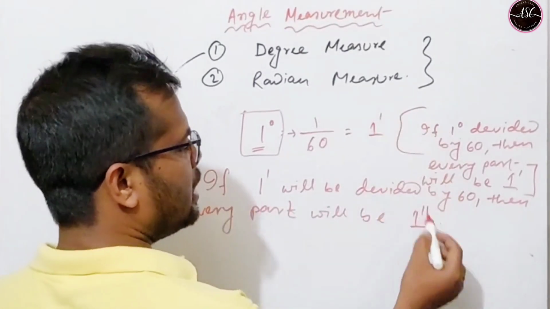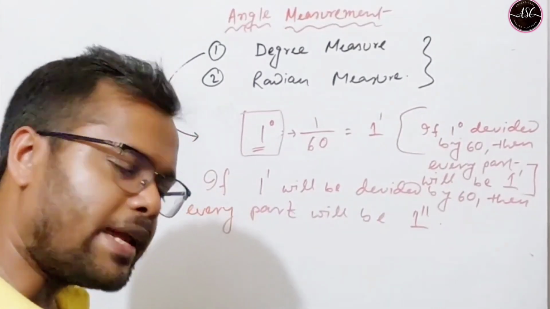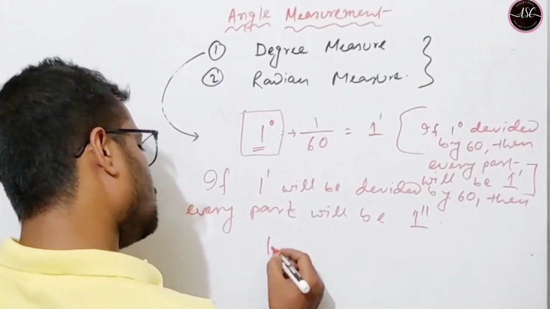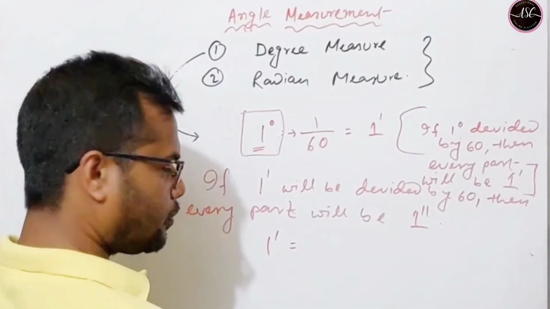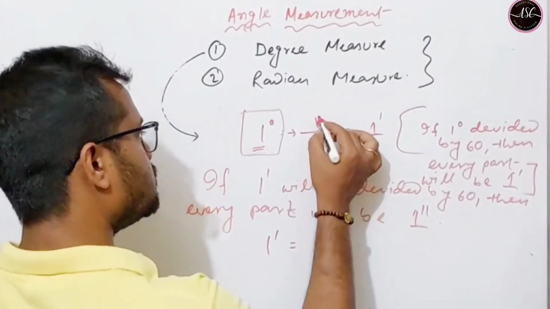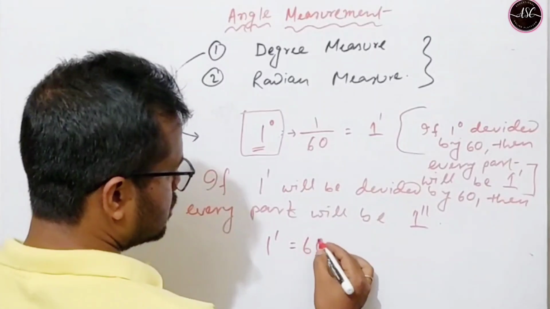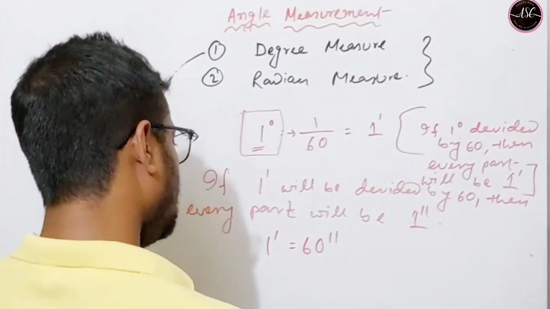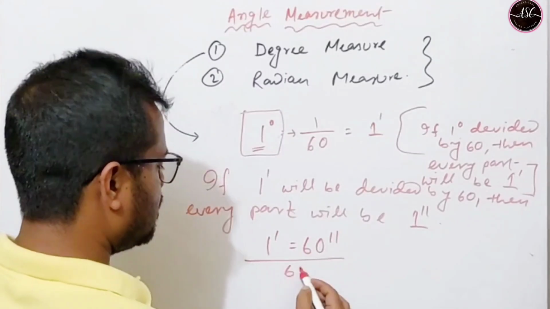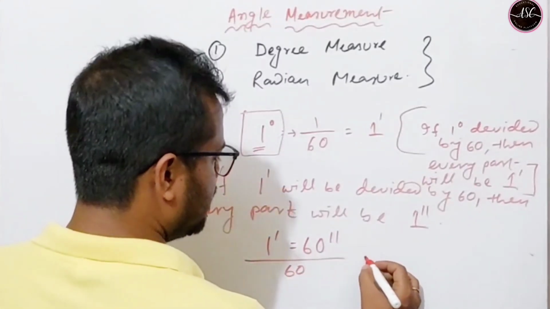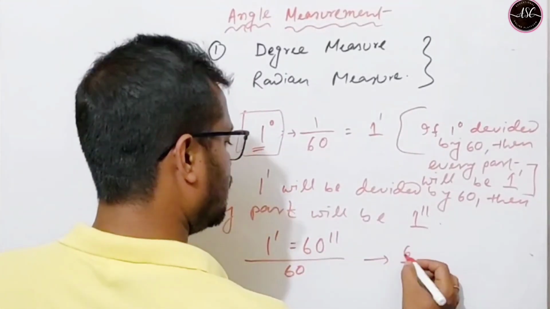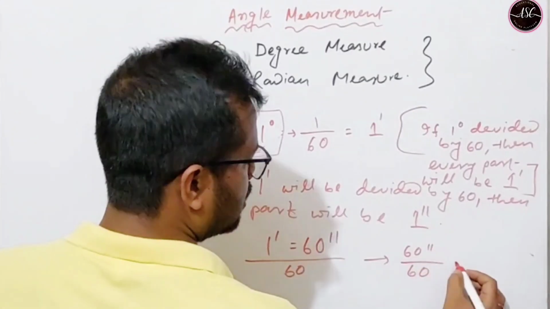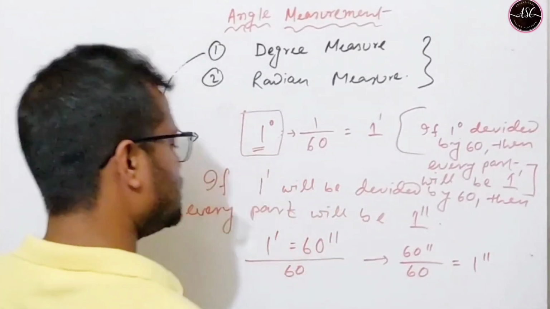This is the sign of minute and this is the sign of second. So 1 minute equals 60 seconds. If we divide it by 60, we get 60 by 60, that means 1 second.